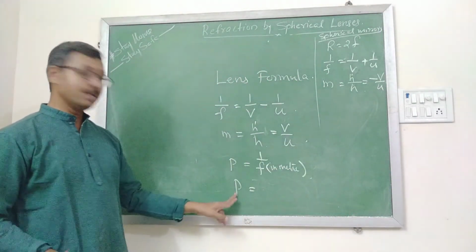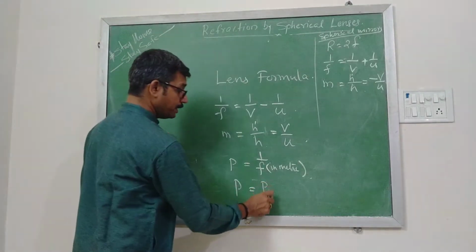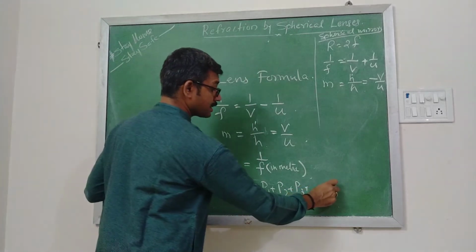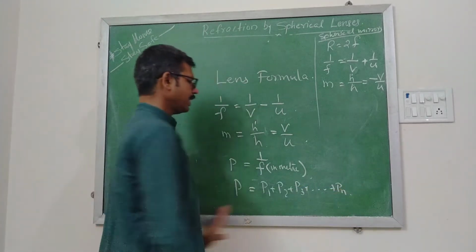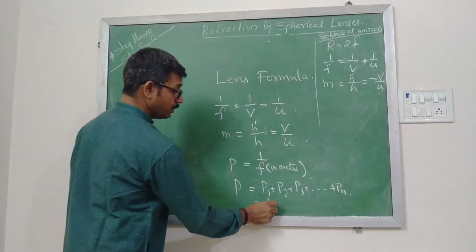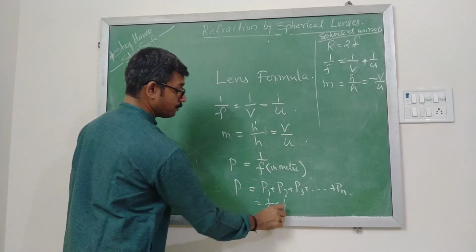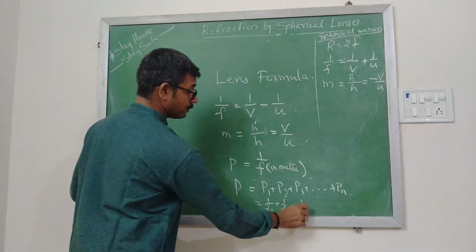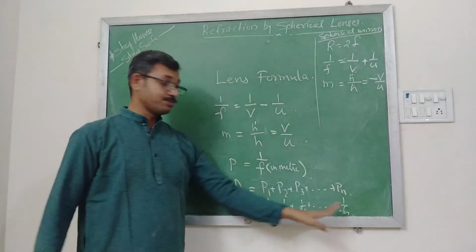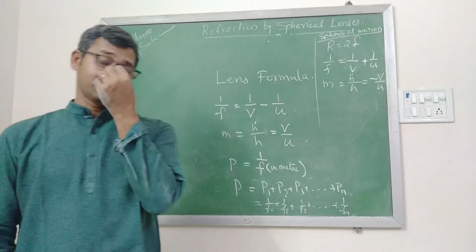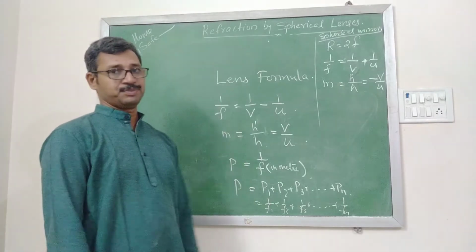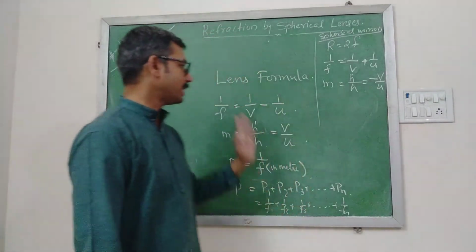Here we will say that P is equal to P1 plus P2 plus P3 plus etc. plus Pn. That is, 1 upon f1 plus 1 upon f2 plus 1 upon f3 plus etc. plus 1 upon fn. Here f1, f2, f3 etc. are the focal lengths. Sure, all of you? These are the main formulas. I hope all of you understand these steps.